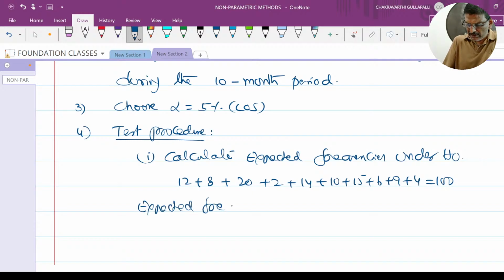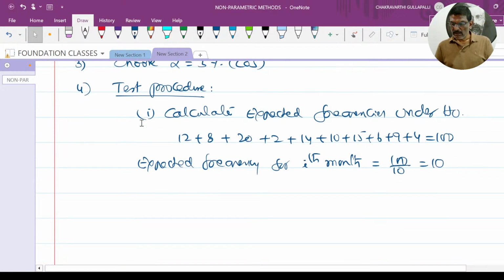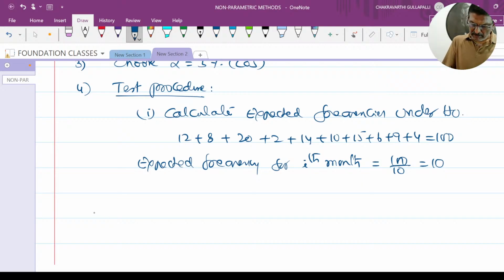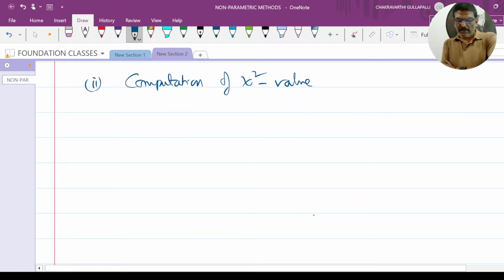Expected frequencies for each month: 100 by 10, that is 10, for i equal to 1 to 10. Second step, computation of chi-square value. How to compute the chi-square value?